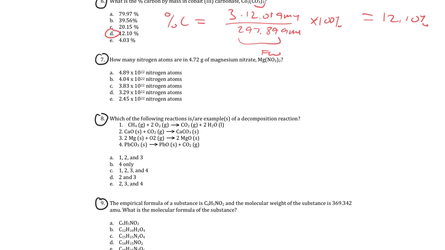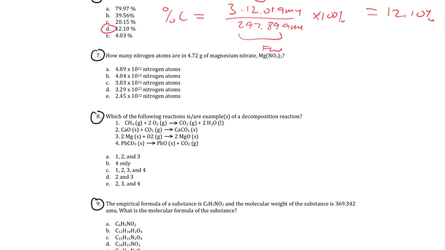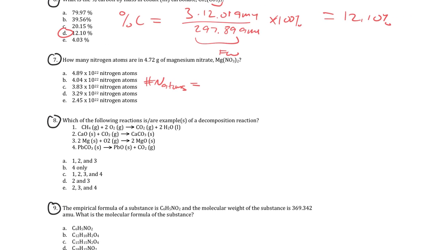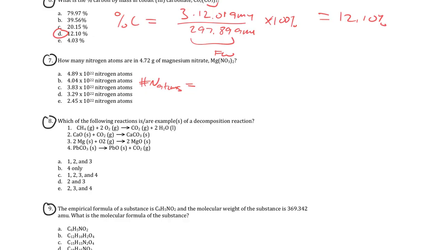The next question down: how many nitrogen atoms are present in 4.72 grams of magnesium nitrate? So my thought is to tackle this with dimensional analysis. I'm going to start with my 4.72 grams. Sometimes you'll see the molar mass given as M equals. If you see that in a problem, that's the molar mass of the compound. We'll do that predominantly more after this midterm, because on this midterm we're supposed to be calculating molar masses.